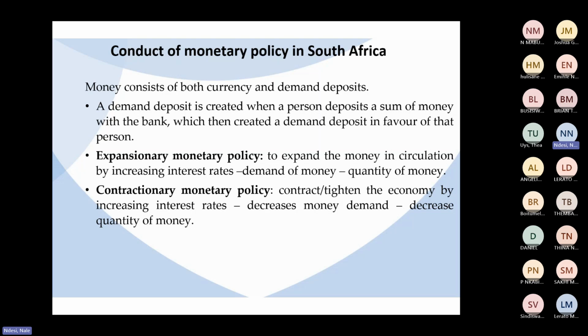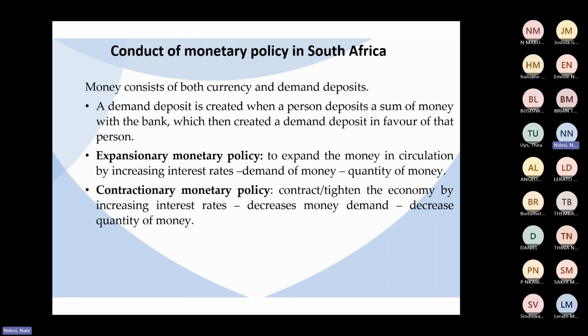In South Africa, the Reserve Bank does this mainly through the repo rate, the repurchase rate, which is the rate at which private banks borrow money from the South African Reserve Bank. The repo rate is the policy interest rate in South Africa.